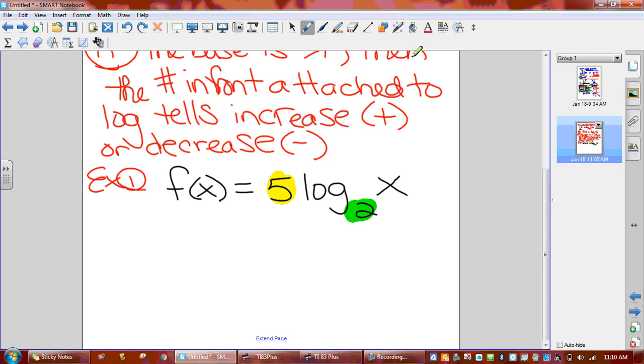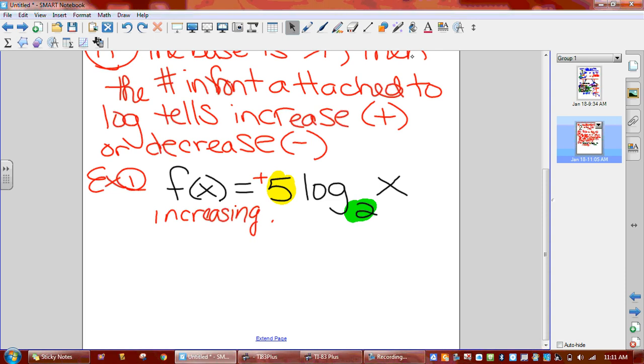If the base is greater than 1, then I'm going to look at the number in front attached to log. If it's positive, it's going to go up. If it's negative, it's going to go down. So, this one is positive, so I know that this is an increasing function.